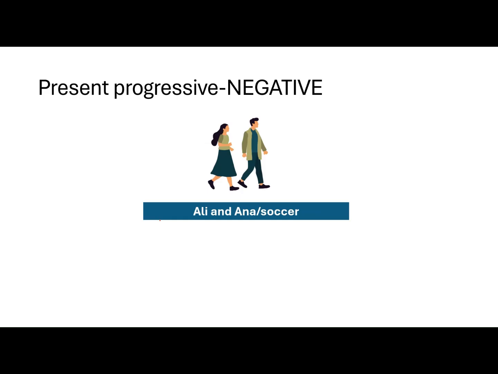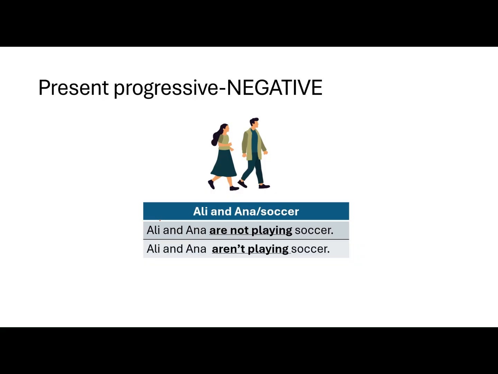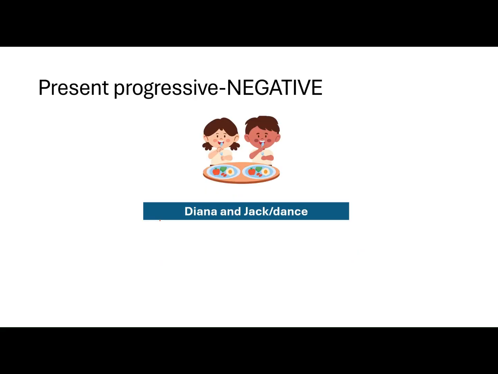Here's another one. Ali and Anna soccer. Ali and Anna are not playing soccer. That's one way. Ali and Anna aren't playing soccer. That's the second way for that one.